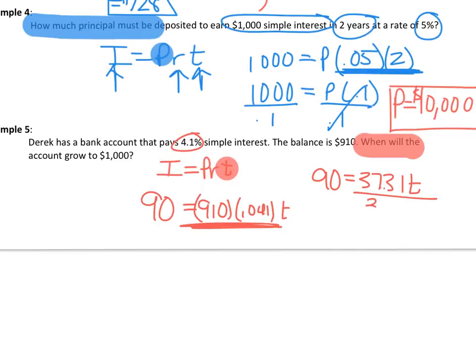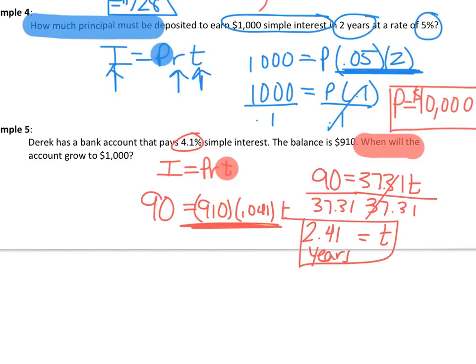So I can divide both sides by 37.31, and that gives me t = 2.41 years. And that's how we do simple interest.